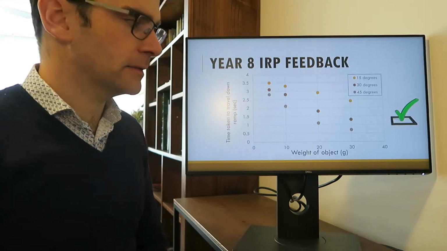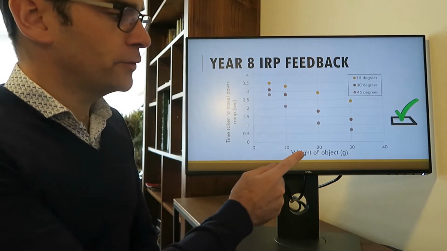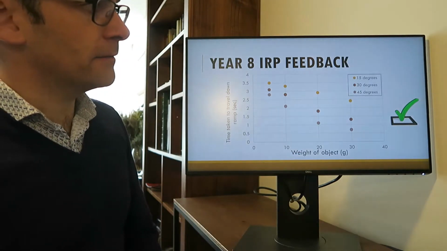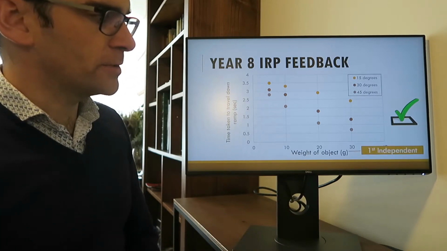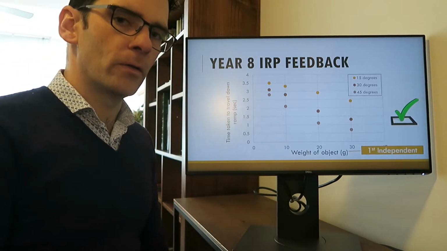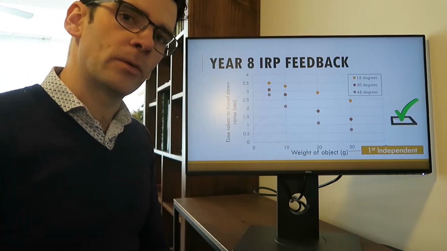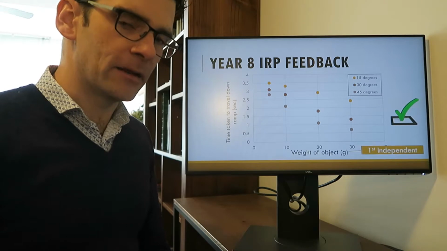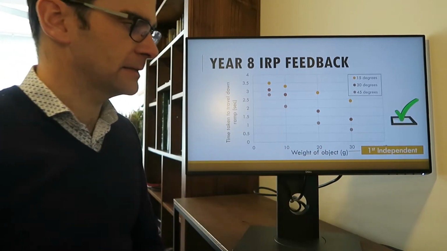Now you'll see here we have two independent variables. The first one, which is the weight of the object, that's plotted on the x-axis. Most of you probably would have only had one independent variable, and that would have had to go on the x-axis here.